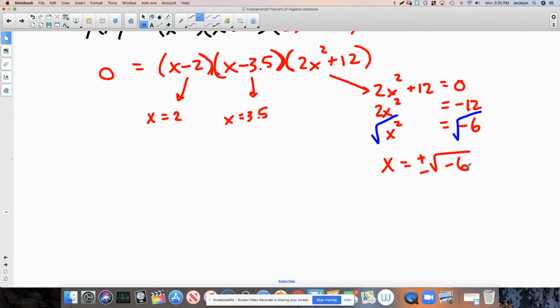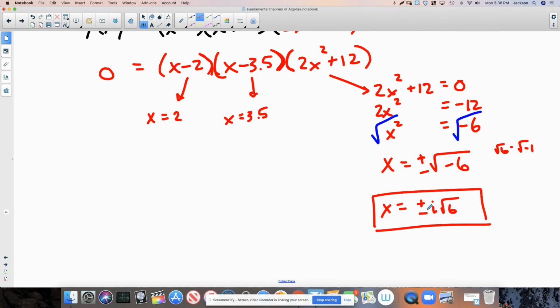Now, sometimes we could leave it like this, but what's more proper is, remember, this is really the square root of 6 times the square root of negative 1, and negative 1 is i. So, long story short, when you have a negative square root, pull out this i and call it a positive. So here are the other two zeros.